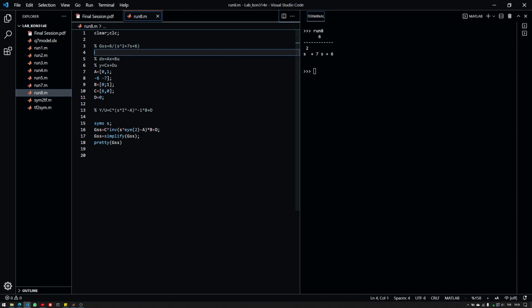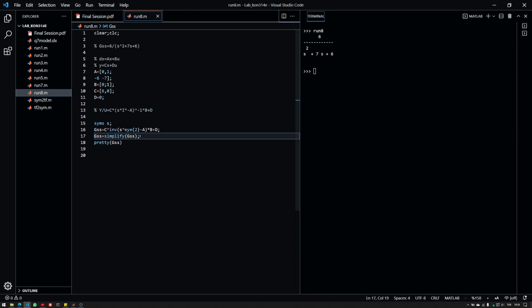You can separate it as you wish. It will give you different state spaces, but all those state spaces will result in the same transfer function if you use this relation here to convert it back. So that's quite nice.